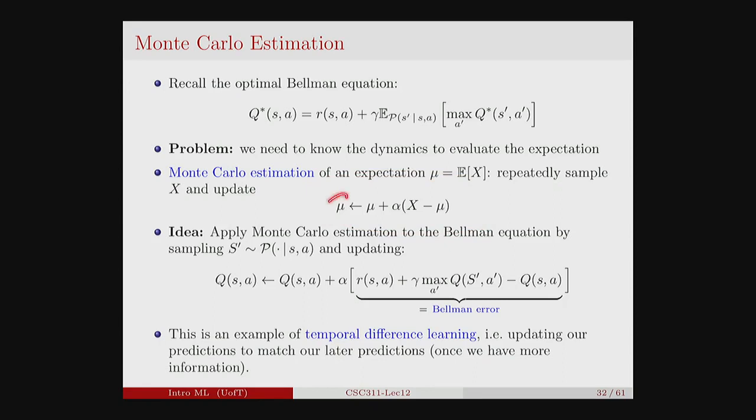You start with some value of mu, you set it to be 0, and then each time you get a sample x from your stream of samples, you update the mean as mu plus alpha times x minus mu. And it turns out you can show that this converges towards the expectation over x.